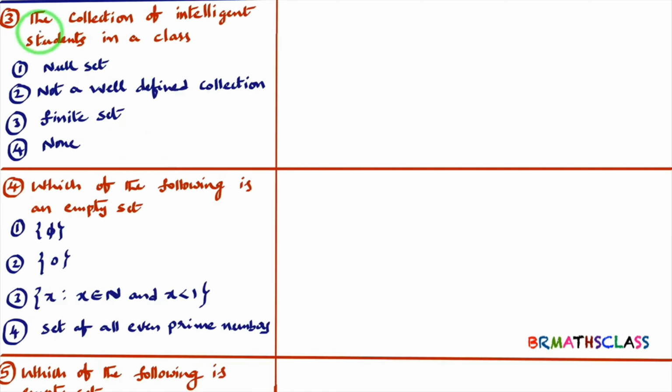See this third question. Collection of intelligent students in a class. In what way do you decide a student is intelligent? A student who scores well, that student is intelligent. A student who doesn't get good marks but answers very quickly in class, that person is intelligent. Is intelligent student well defined or not?